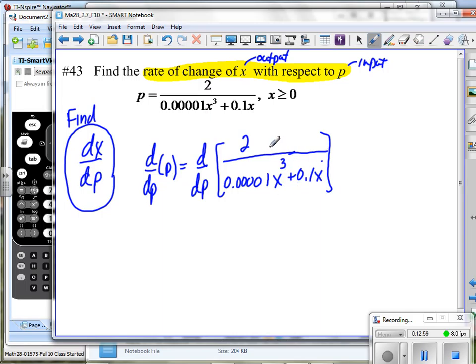Absolutely, it's not a factor. If it's not a factor, I can't do any of that stuff with the exponent, so I have to keep it down here. So what's the derivative of p with respect to p? If the variables match, it's a simple derivative. It's just 1.